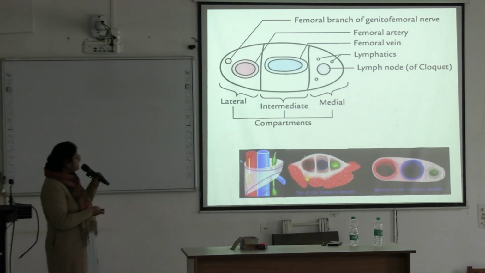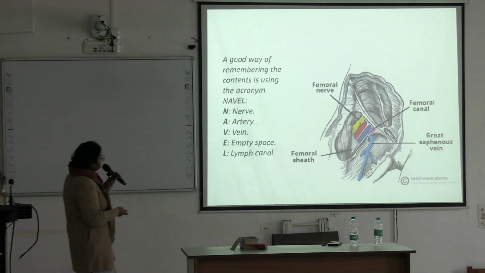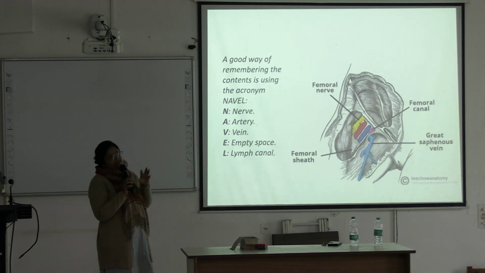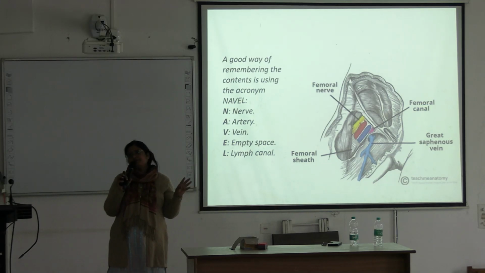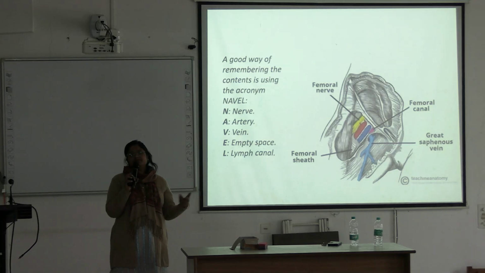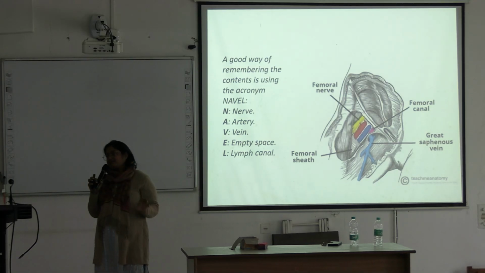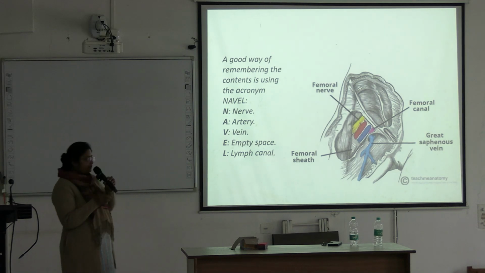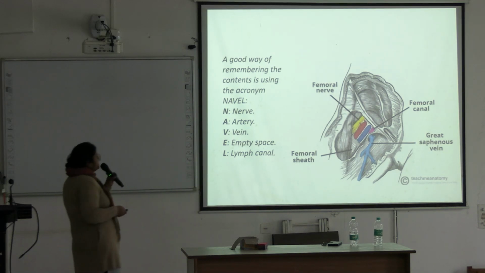You remember it. For surface marking also you have to use colored chalk dust: red for artery, blue for vein, yellow for the nerve, and white for others. These chalk dusts are used according to the structure.